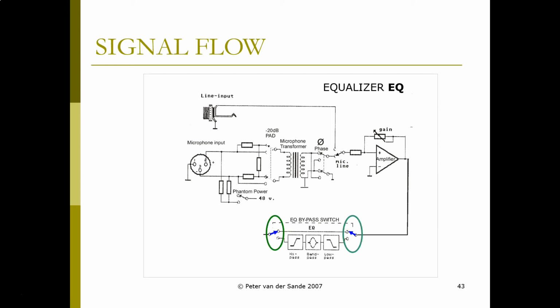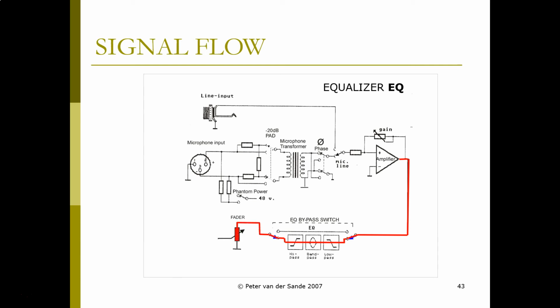So we leave the switch in the bypass position when we do not need the equalization. When we do need the equalization, we flip the switch to the EQ position, and therefore we now have the signal flowing through the equalizer, and we can adjust the frequency content of the signal.